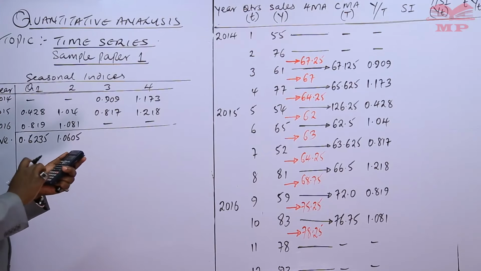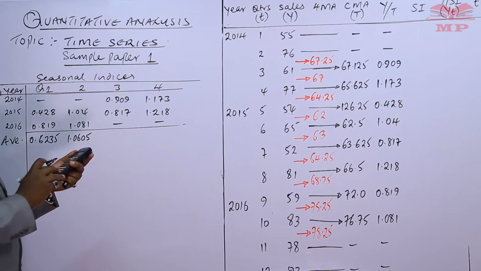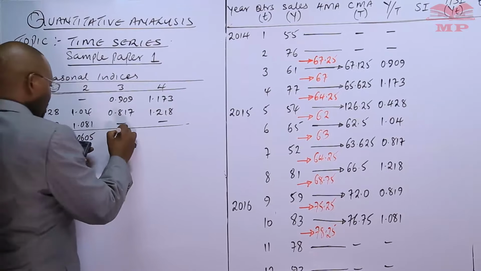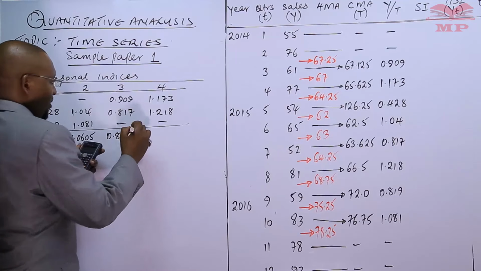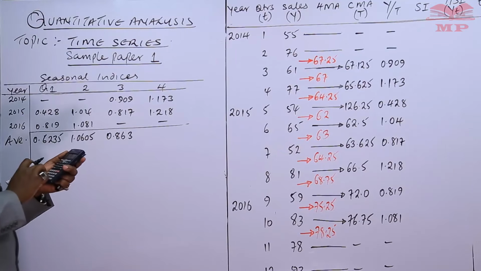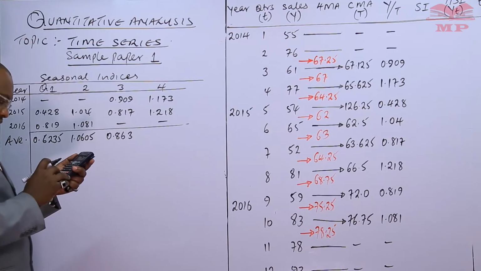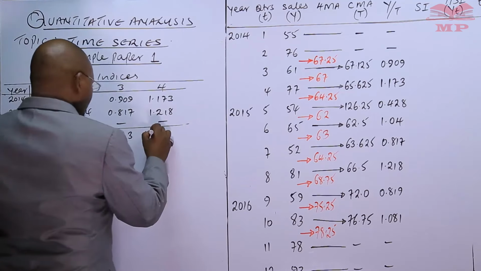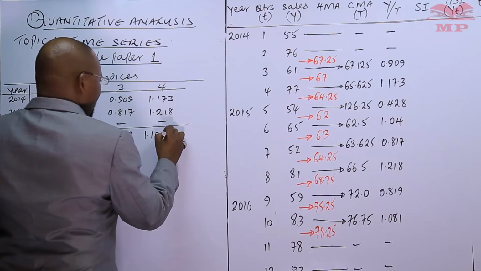0.909 plus 0.817, then divide by 2, this is 0.863. Then 1.173 plus 1.218, then divide by 2, this is 1.1955.